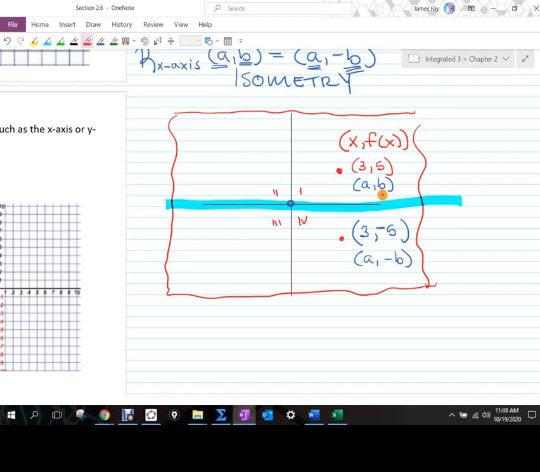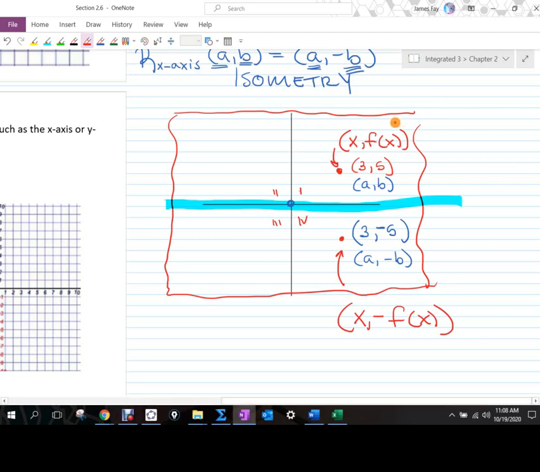So if that's that original point right there, then this point right here, when I do the reflection, is x, the opposite of f of x. Does that make sense? It's using the same A and B, just different notation for A and B. Okay? A is now x, and B is now f of x.